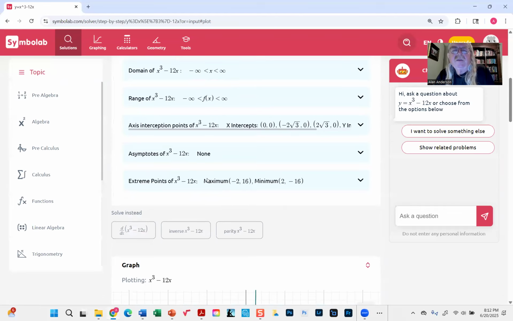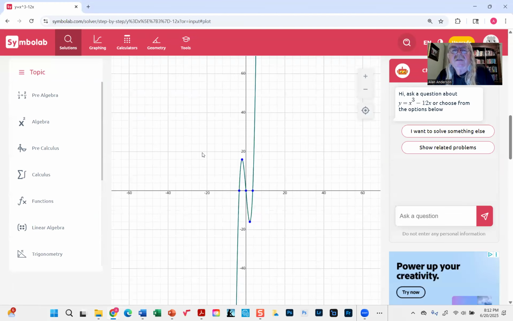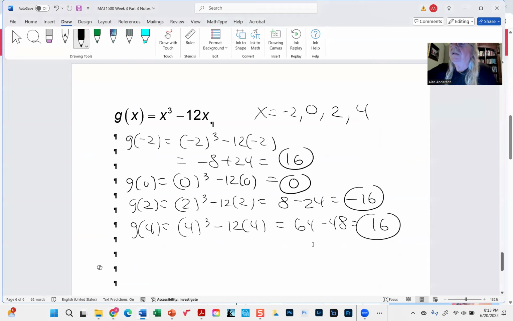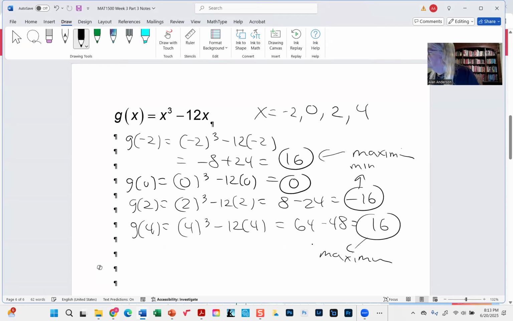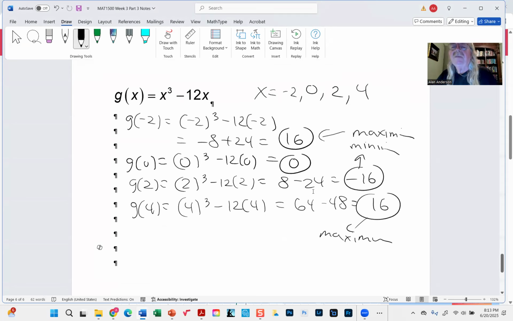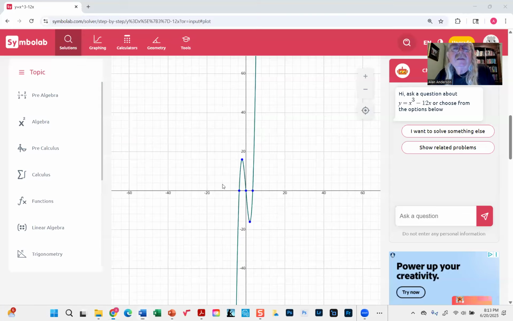That kind of explains why we have such interesting results. But the bottom line here is that we do have two maxima and one minimum at the points you can see.